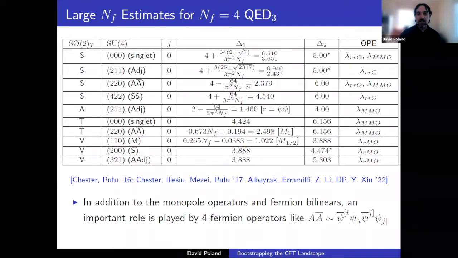In this large n estimate, it starts its life at scaling dimension 4, and gets a big negative correction, which brings it down to 2.38. So there's an open question right now whether this operator is relevant or irrelevant at small values of n, like n equals 4. And that's a physically interesting question.